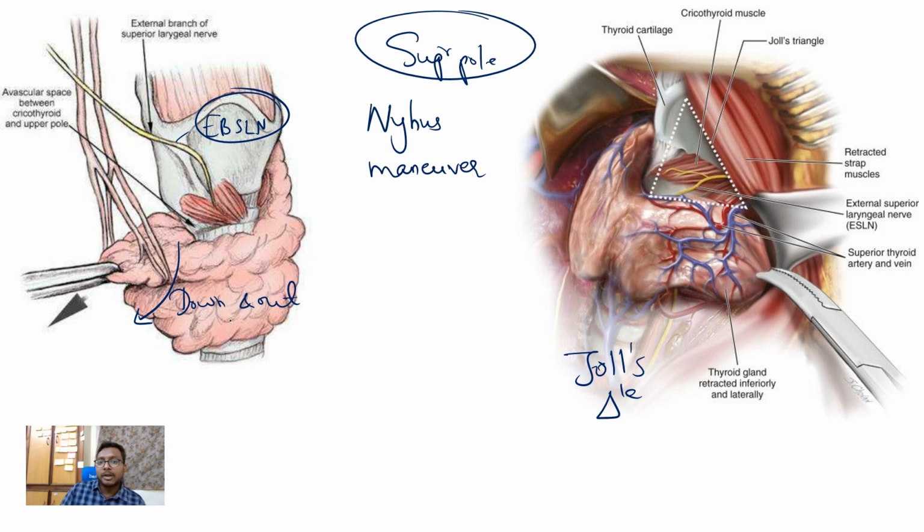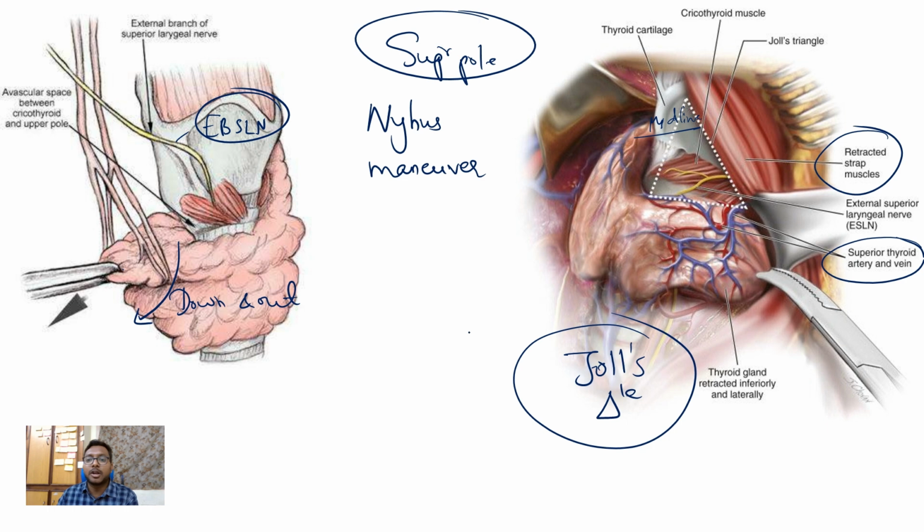When you do this maneuver, you will visualize Joll's triangle, which is bound superiorly by the strap muscles, laterally by the superior pole of the thyroid and superior thyroid vessels, and medially by the midline. These are the boundaries of Joll's triangle.